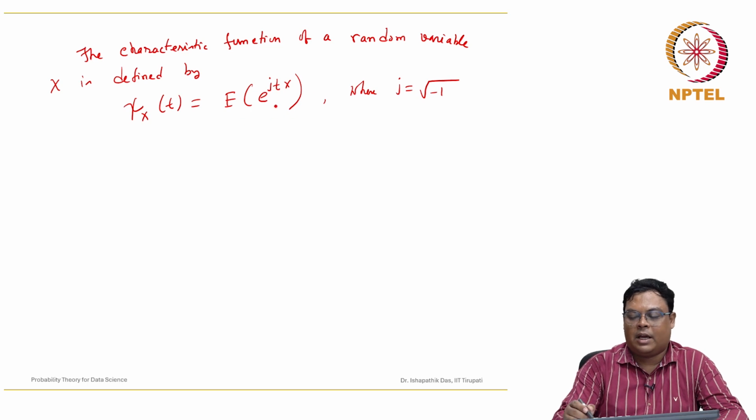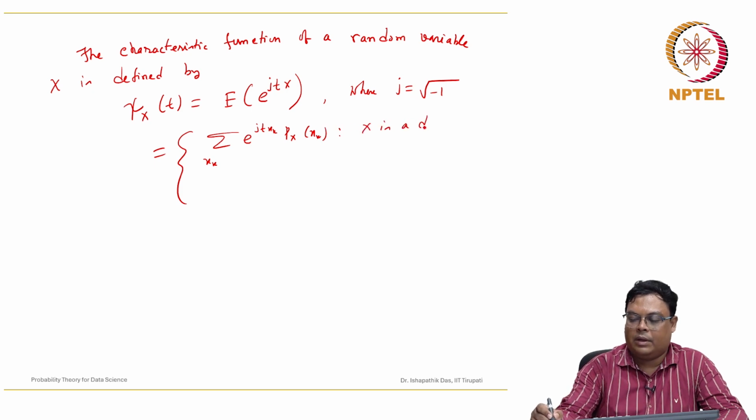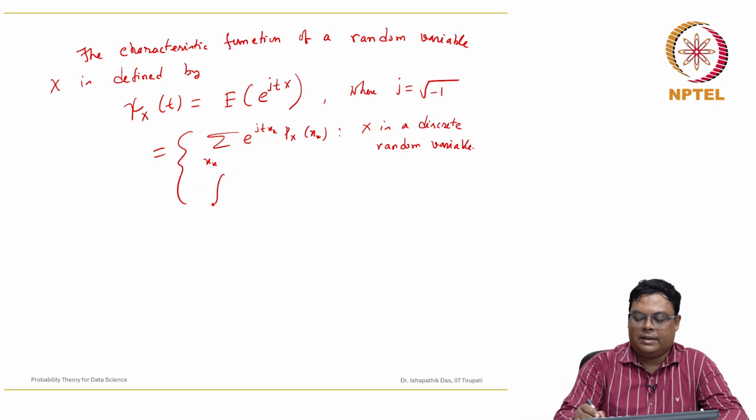So then what is the benefit here? Expected value of e to the power of jtX: if X is discrete, this is the summation over all x_k of e to the power of jt x_k times the probability that X is x_k, whenever X is a discrete random variable. And it is the integral from minus infinity to plus infinity of e to the power of jtx f_X(x) dx whenever X is a continuous random variable.